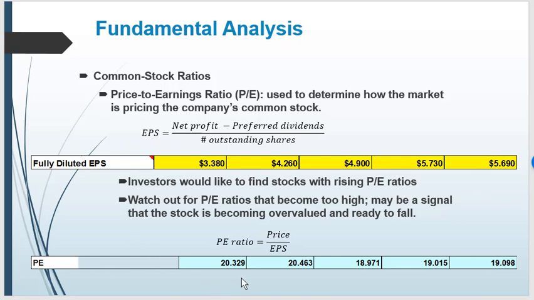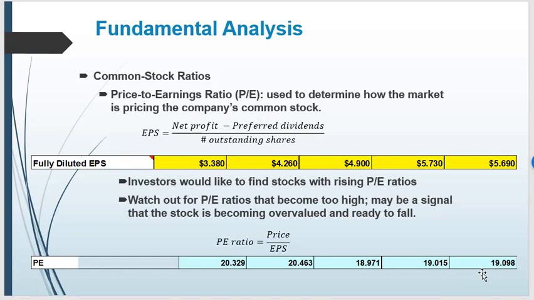Now, the PE ratio is a number that reflects optimism by the owners of the company. As you can see here, in the first couple of years, the PE ratio is above 20, and then it starts to decline. So again, it's fairly stable. There's not that much change, but it does appear relatively that shareholders have lost a little bit of their confidence in the company.